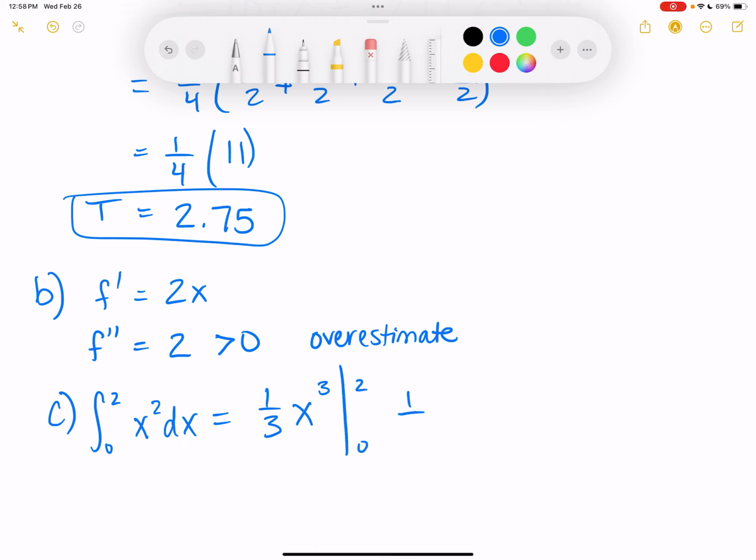So 1/3 times 2 cubed. Obviously it would be minus 0, so I'm just not doing that part. So this would be 8/3, which is what? 2.668. So pretty obvious that's an overestimate.